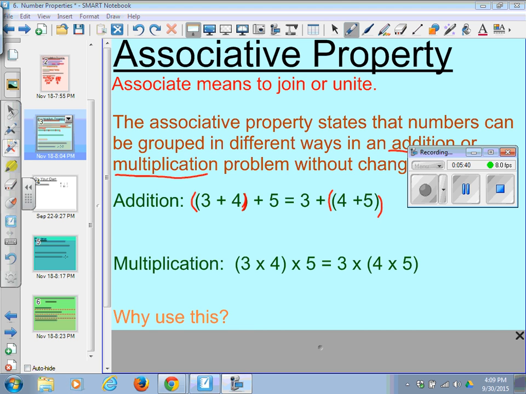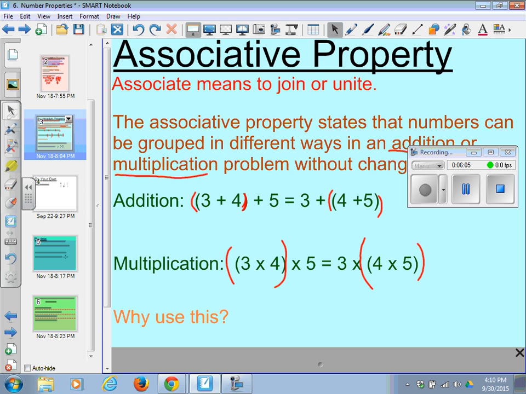All right, guys, we have some technical difficulties there for a second. But anyways, back to our associative property in multiplication. We group together our 3 and our 4 in this one, whereas here we group together our 4 times our 5. And we can do that. We can change them up because we are using the associative property.